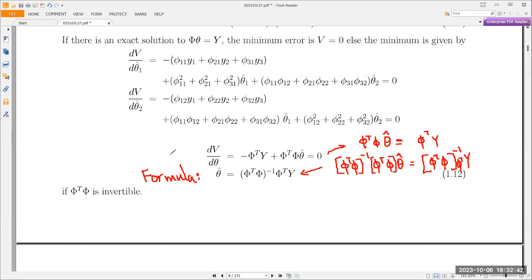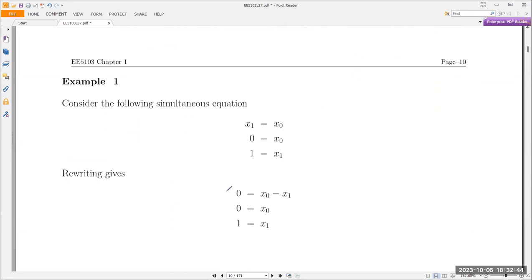So let's look at one example. You have here three equations, two unknowns, x0 and x1. So you know you cannot solve it, right? So how to solve in the least square sense, how to find x0 hat and x1 hat?